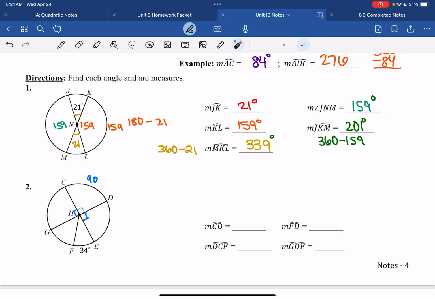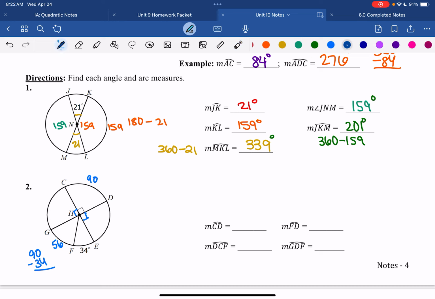Now, that means that these last two together have to be 90. And if we have a 34, we could do 90 minus 34, meaning this is 56. So now we have all of our little parts. We know we got a 90, 90, 90, 56, 34. So that's all we need to figure out these questions now.